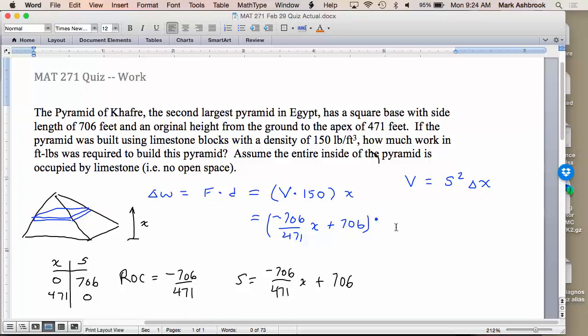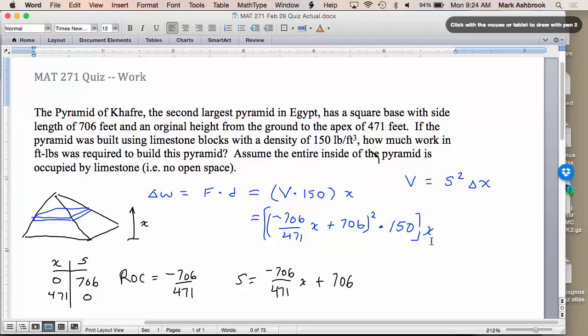That's s, in terms of x, times the 150, that will give me the weight of the layer at x feet up. So right there, that's the force, or the weight of the layer at x feet up. And then force times distance, the distance that thing has to go is x.